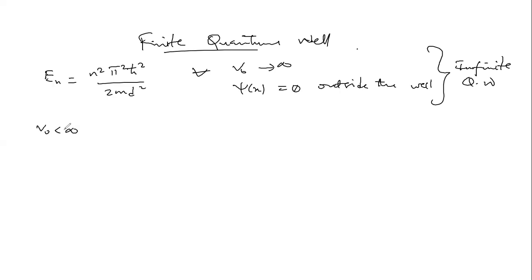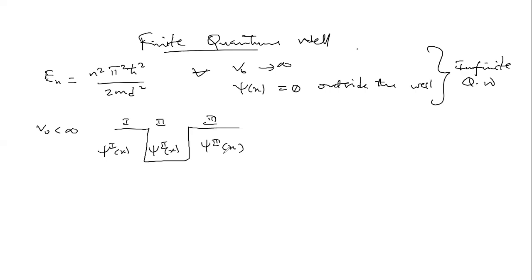So such that the wave function could propagate across the potential barriers. So we are now going to have something like this, where we have region 1, region 2, region 3, and then we are going to have the wave function in region 1, the wave function in region 2, and also the wave function in region 3.